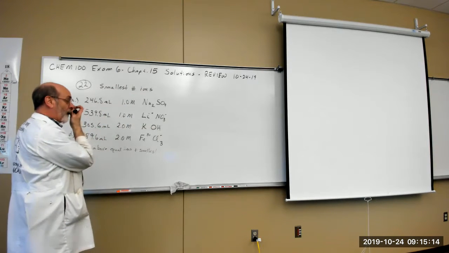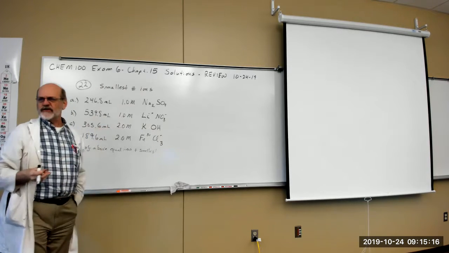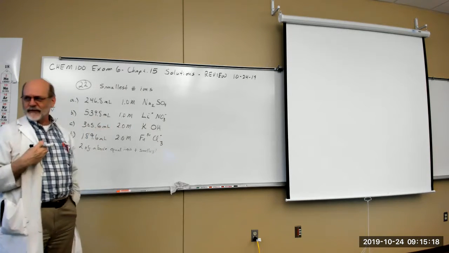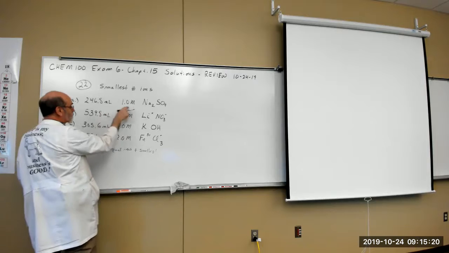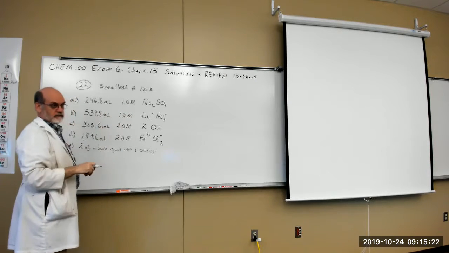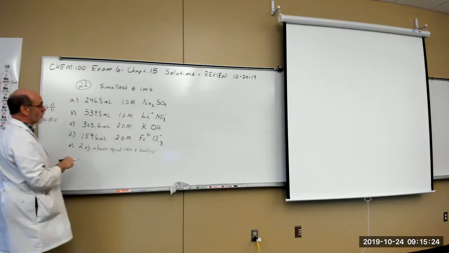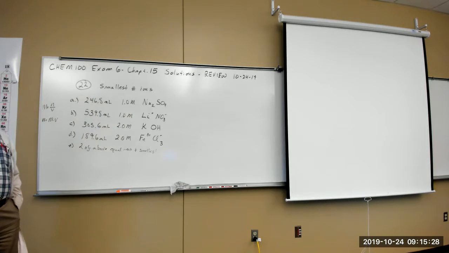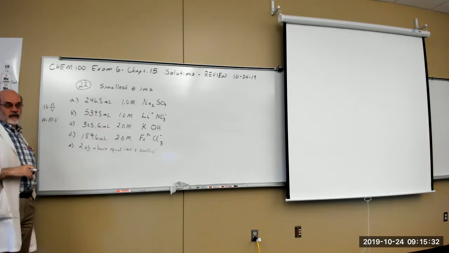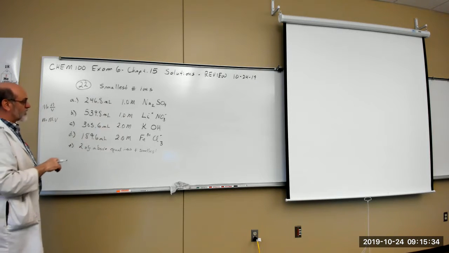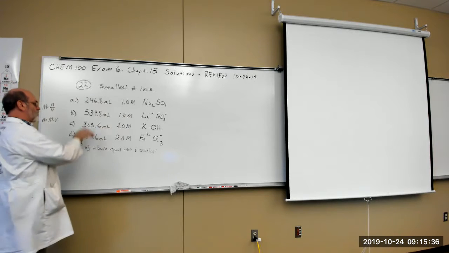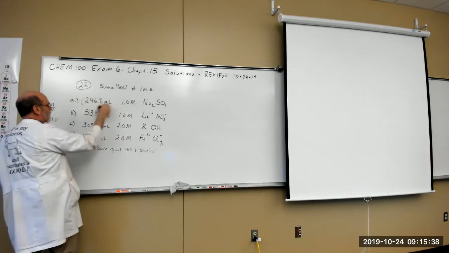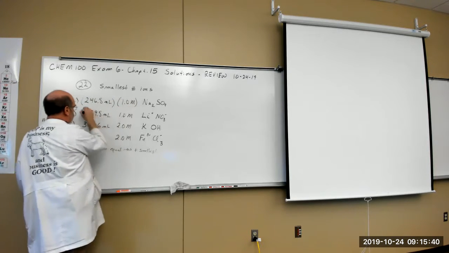Now, I threw millimoles at you before, didn't I? Okay. If you just multiply milliliters times molarity, you get millimoles. And if we're going to solve this problem for smallest number of ions, it doesn't matter if we're talking about moles or millimoles. As long as we use the same units, we can find out the smallest number. Right? So we can save ourselves a step. Instead of changing this to liters, just say each one of these times its molarity.